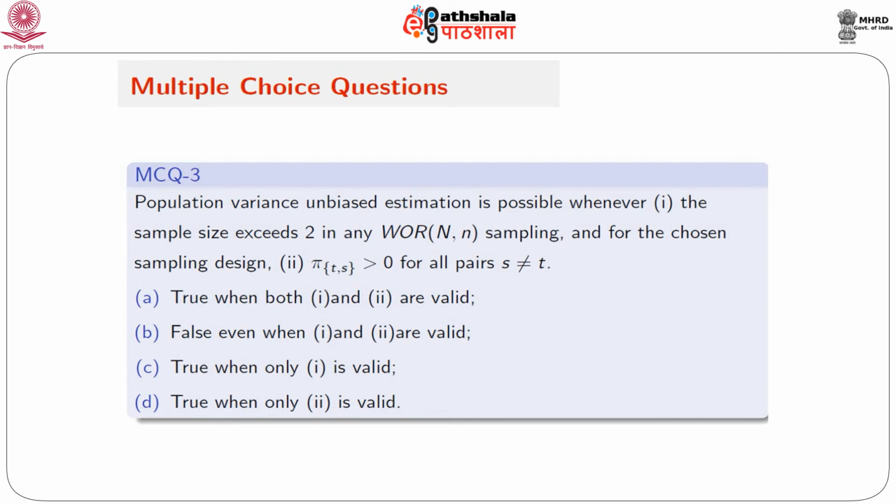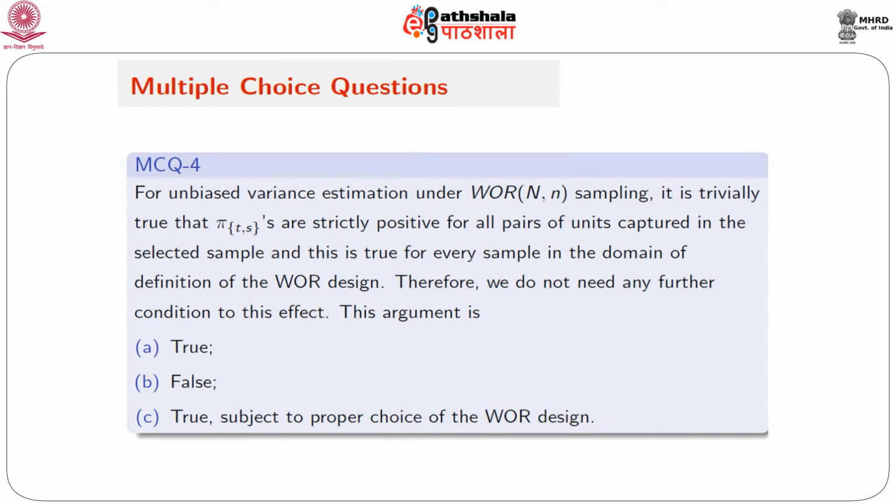Okay, there is one more. For unbiased variance estimation under without replacement sampling, it is trivially true that pi ts's are strictly positive for all pairs of units captured in the selected sample, and this is true for every sample in the domain of the definition of the without replacement design. Therefore, we do not need any further condition to this effect.